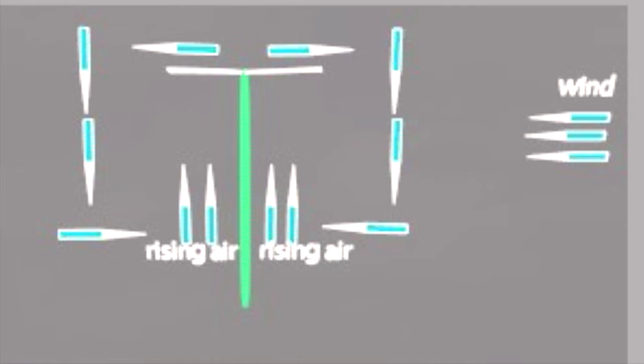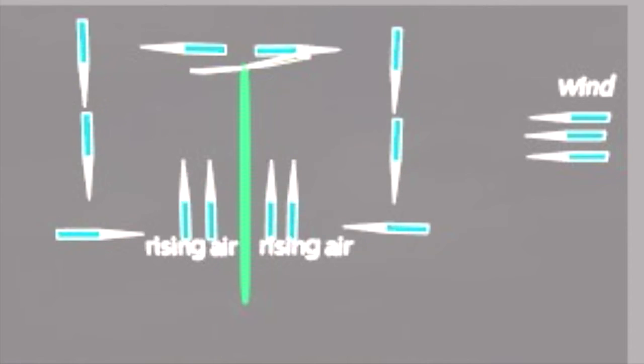Today I will explain how it works, and how it is affected by moving air, which is the wind. Now we are going to look at the animation to find out how it works.